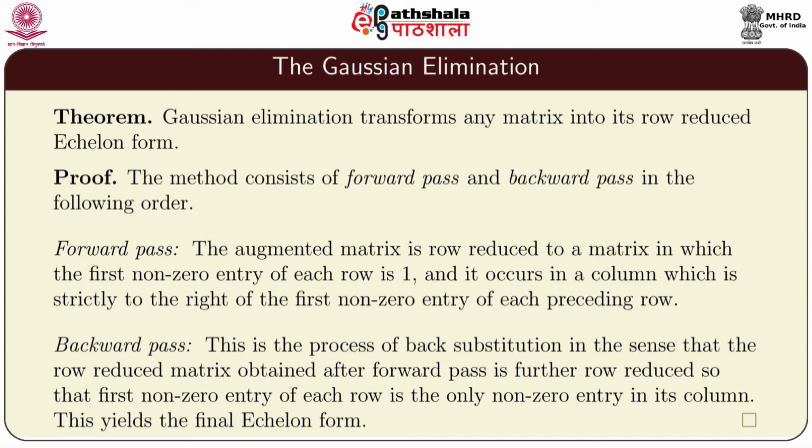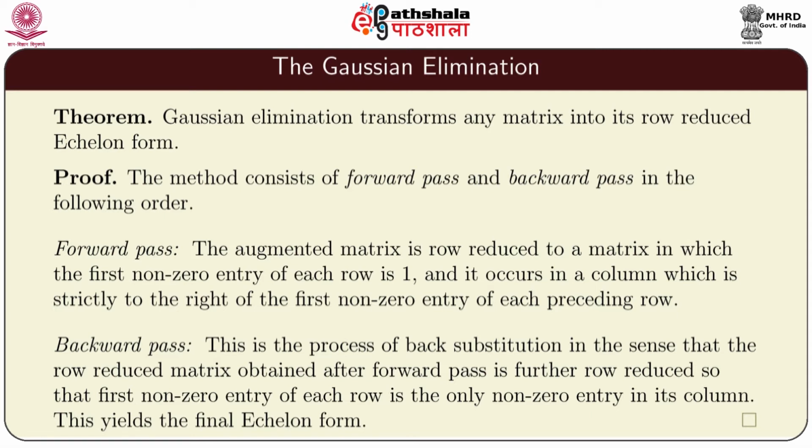This is the method by which we row reduce the matrix to a form where the first non-zero entry of each row is 1, and it occurs in a column which is strictly to the right of the first non-zero entry of each preceding row. What does that mean?